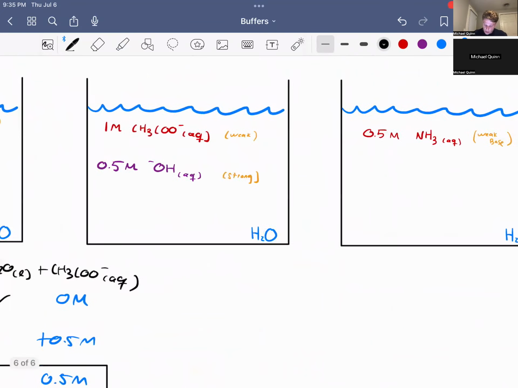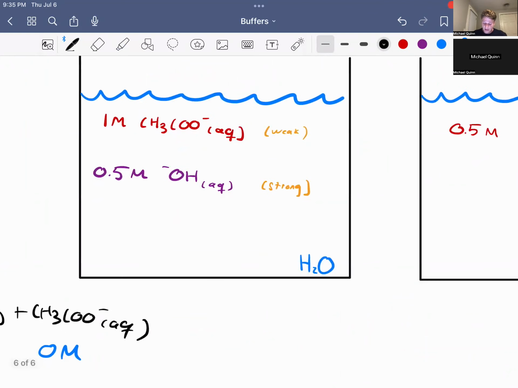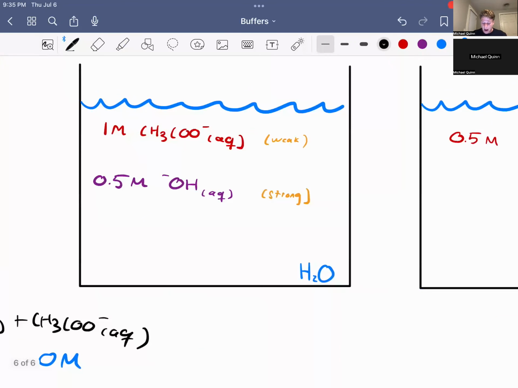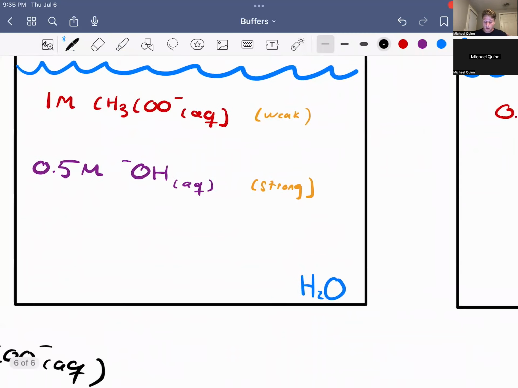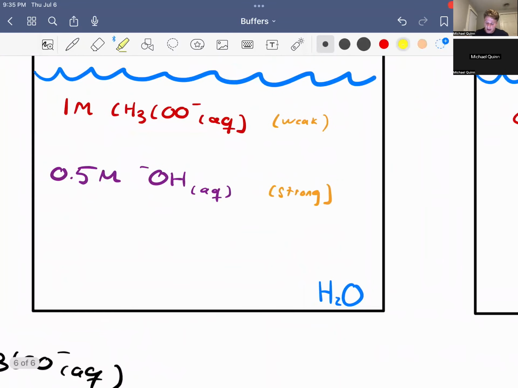Now let's look at the second one. We have 1 molar of CH3COO minus, which is a weak base, and 0.5 molar of OH minus. Now, we need to be careful. Just because OH minus is strong doesn't mean it's not going to be a buffer. We need to see if we run this reaction. This is a titration. Remember, a strong base is getting put into this beaker.